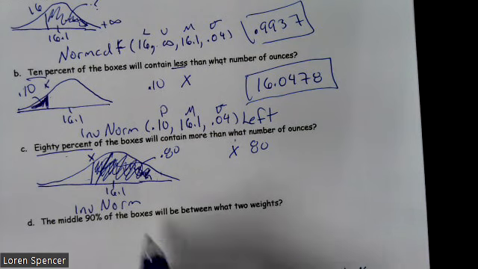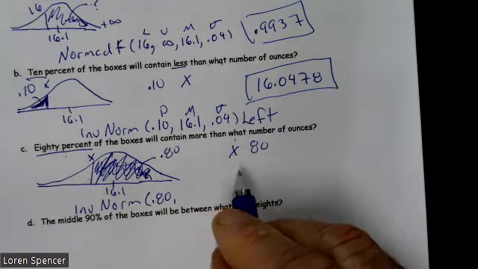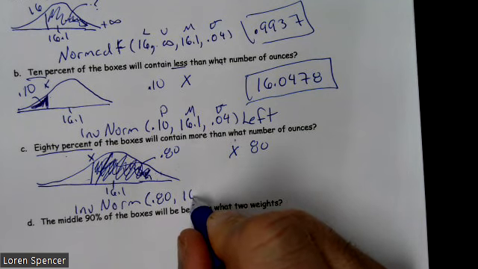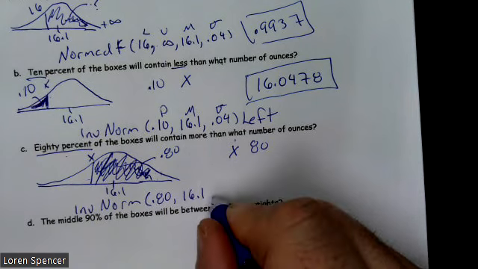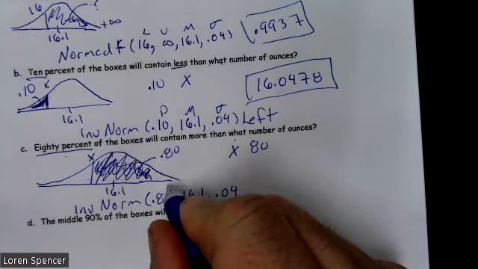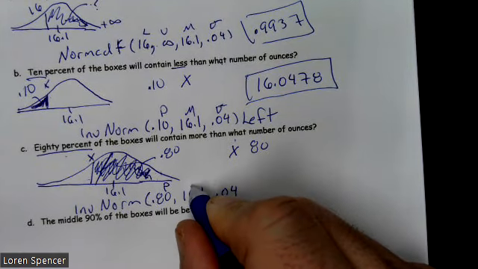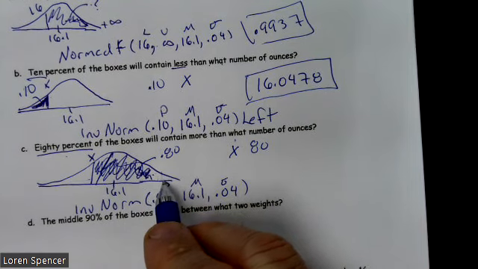So inverse norm, my area is 0.80. My mean is still 16.1. My standard deviation is still the 0.04 that we've been working with. So probability, mean, standard deviation. But this time we start at the top.